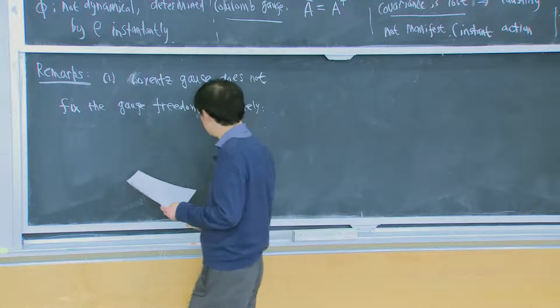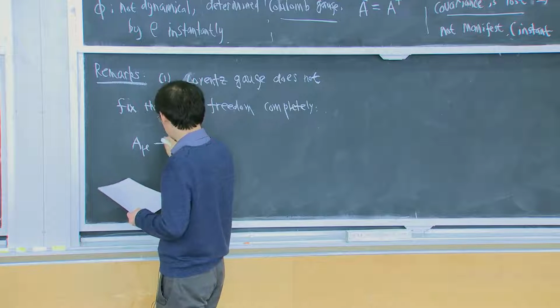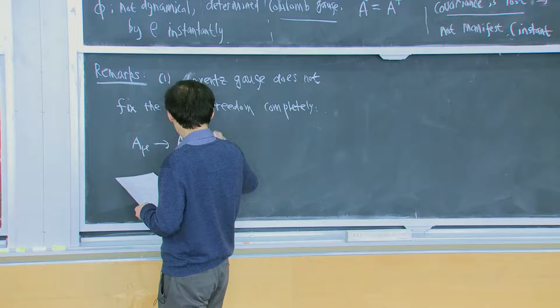Consider A mu going to A mu plus partial mu phi.